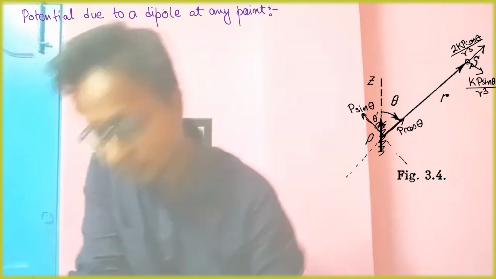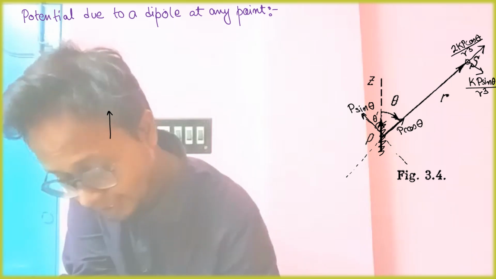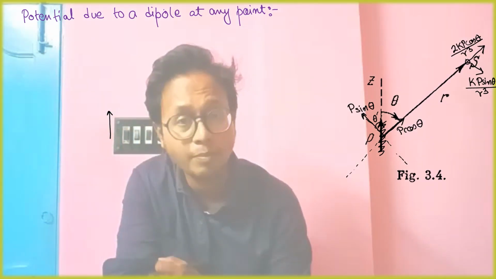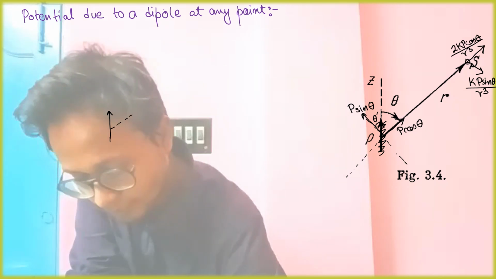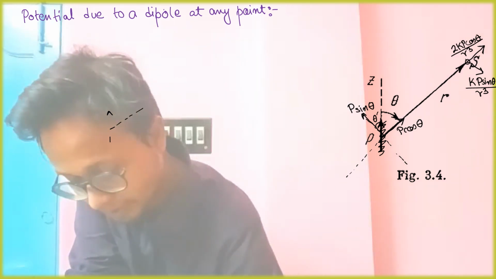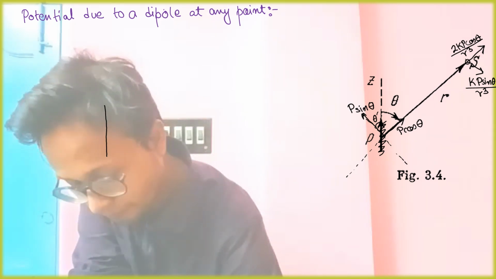Now what I'll try to do is derive the same formula using another method, and this method is very important for the upcoming problem. So there is a dipole p, and we have to find out the potential at distance r. Let me draw this bigger, because you won't understand the geometry if I draw it smaller.